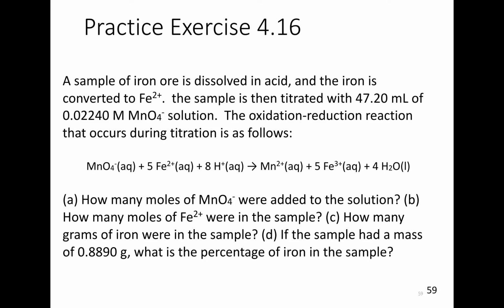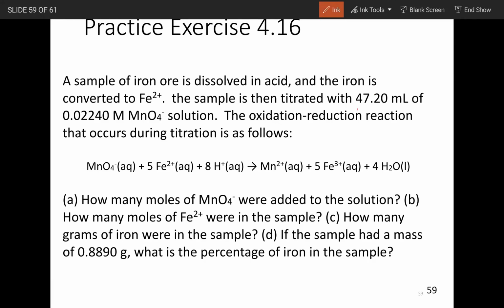And with the first question, we want to figure out of that permanganate, MnO4-, how many moles were added to the solution. We can do that just with the information here. So we have the molarity, we have the volume. We can convert that to liters. So we'll have 0.04720 liters.